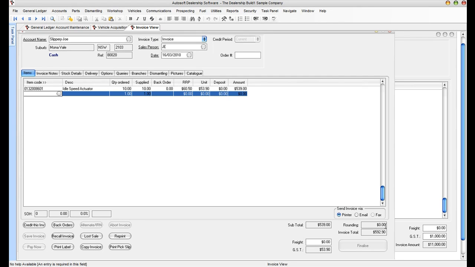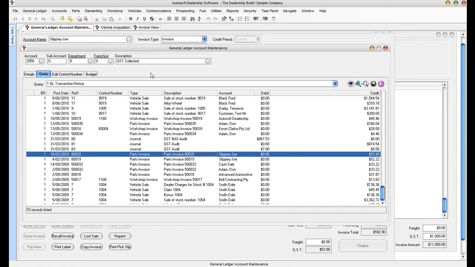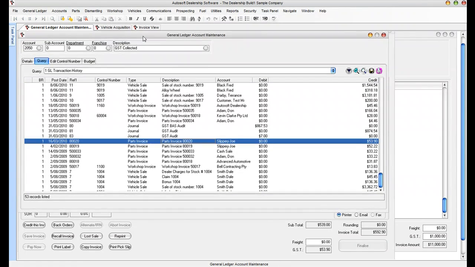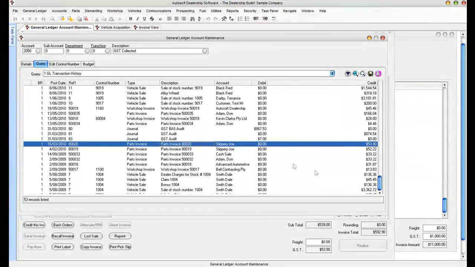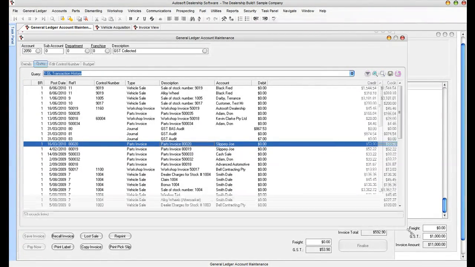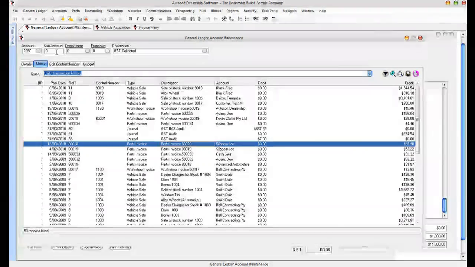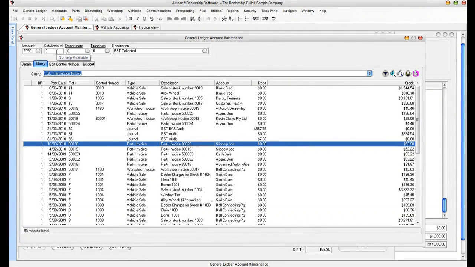So 1/11 of that total has gone into the GST collected account here, account 2050. And that's what you should see in your system, these kinds of transactions in these 2 accounts, one for GST paid, one for GST collected.